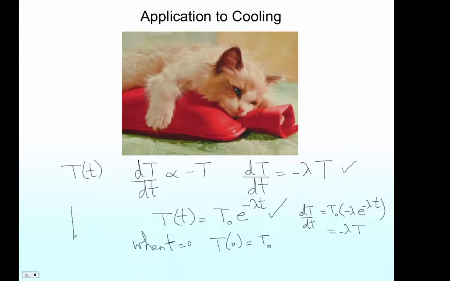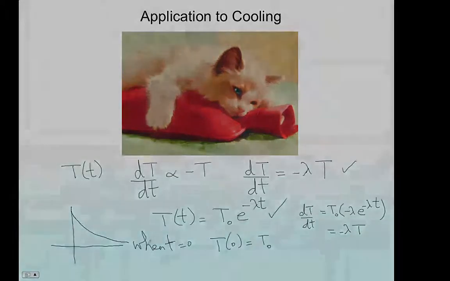If you make a plot of this, then the temperature is going to come down and it will decrease all the way to whatever that final value is, which is 0 in this case. So if it's freezing, then eventually this temperature will go down to T equal to 0.